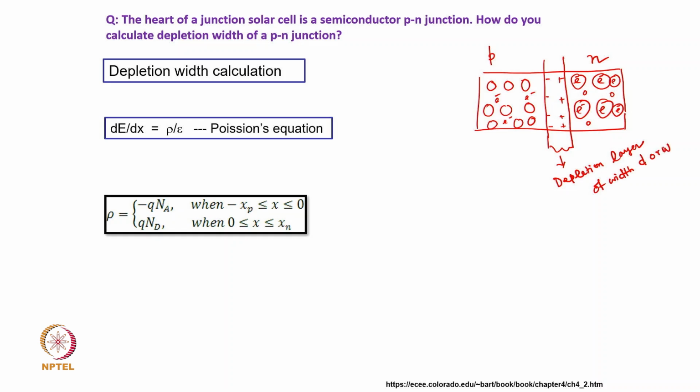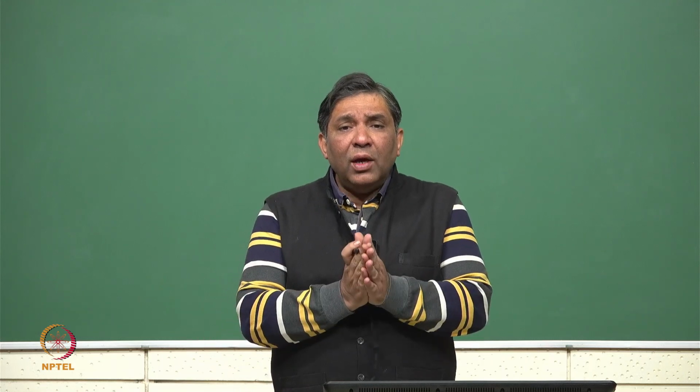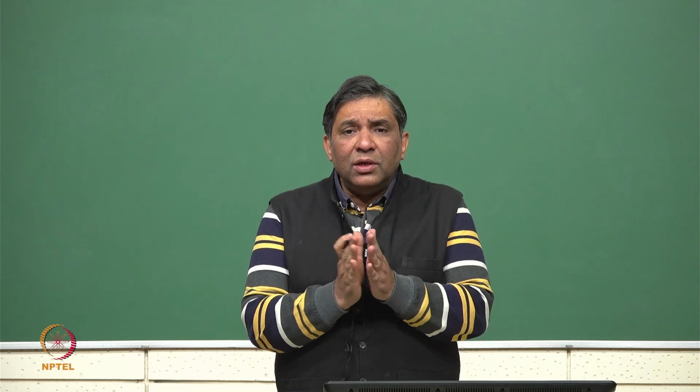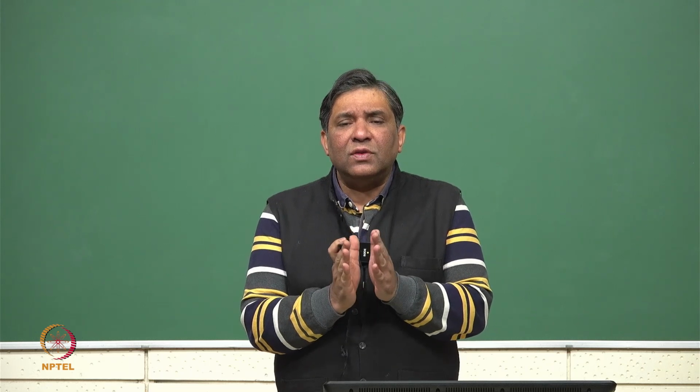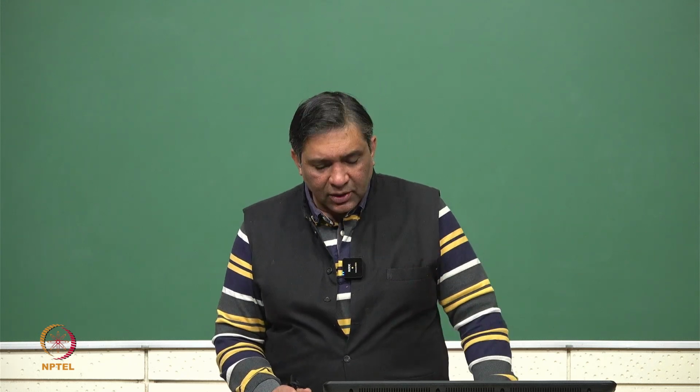These are the two notations used to define the depletion width, or the width of the depletion region. So, now the question is how to get an idea of how much the depletion width is. Suppose I have an n type silicon and a p type silicon and I make a p-n junction, then when the depletion layer is formed, what is the typical thickness of this depletion layer? One has to look at the mathematical calculation of that.